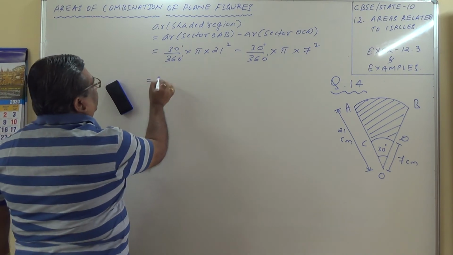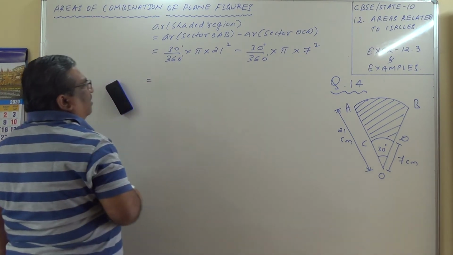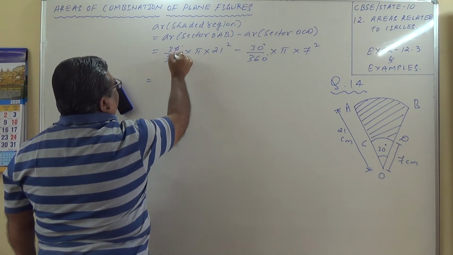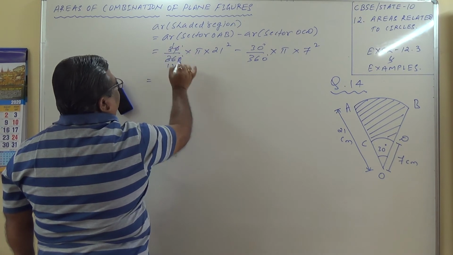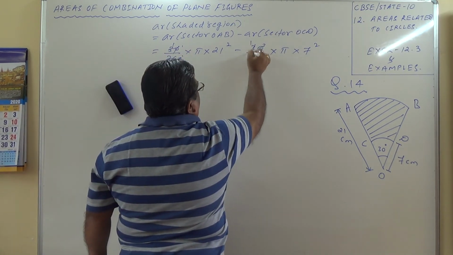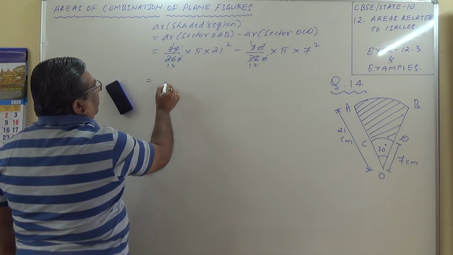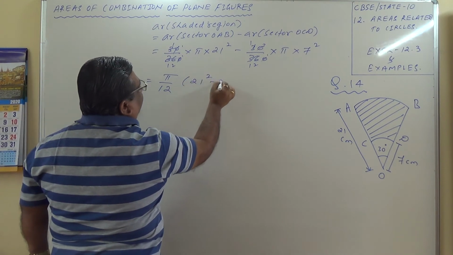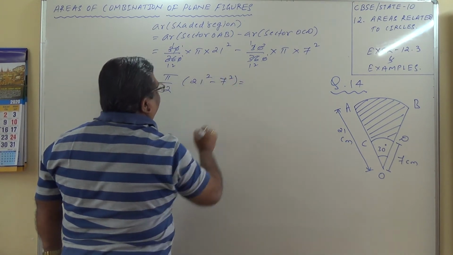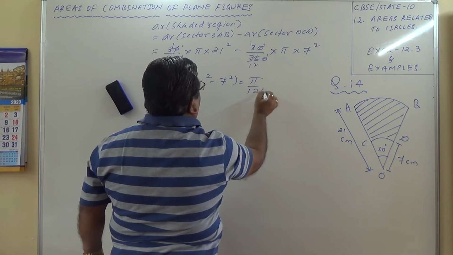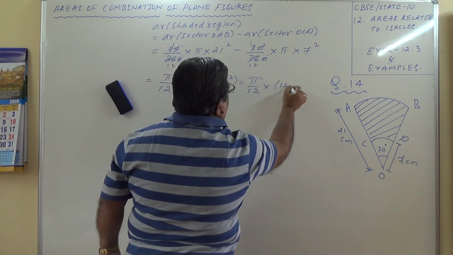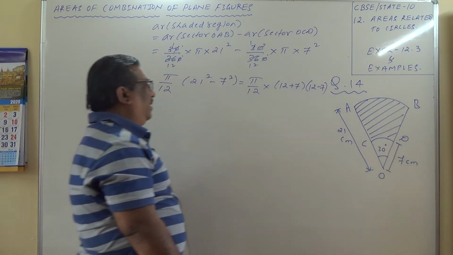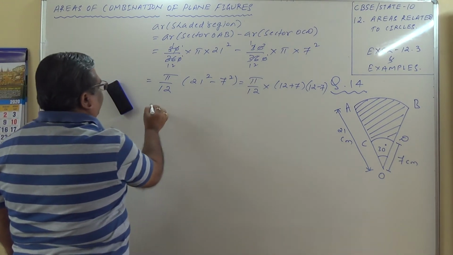So 30 by 360 into pi will be common here, which is pi by 12 into bracket 21 square minus 7 square. A square minus b square formula I am applying.